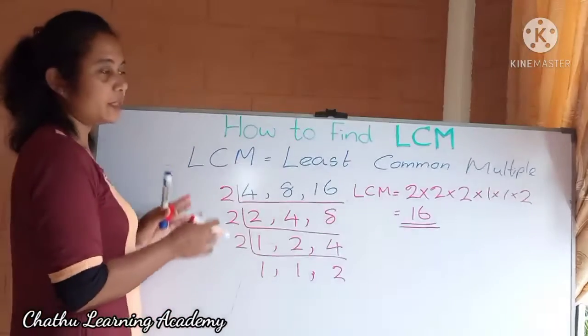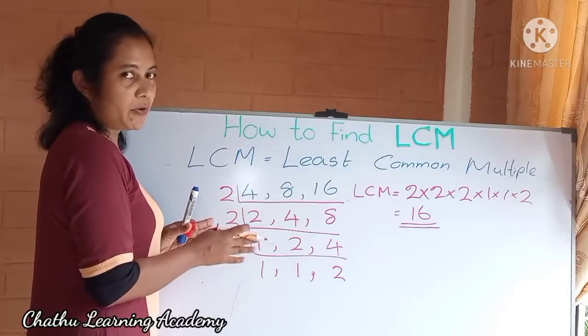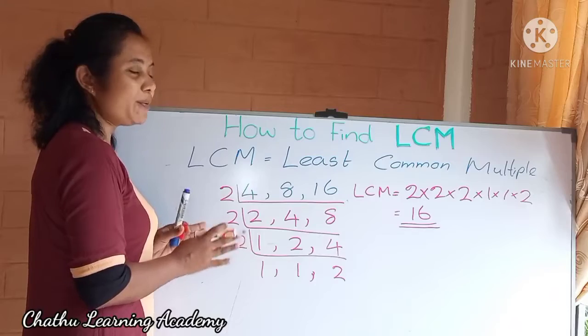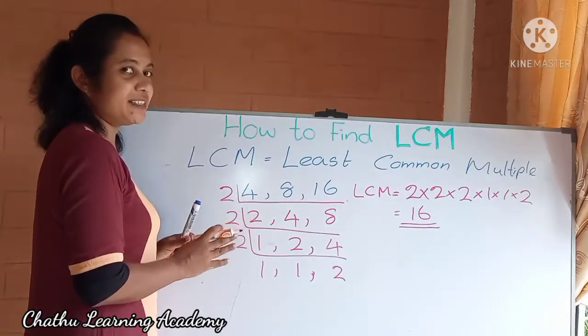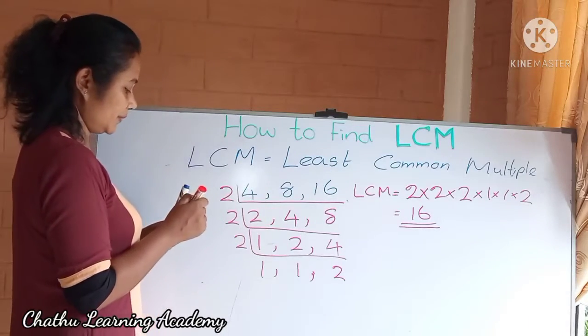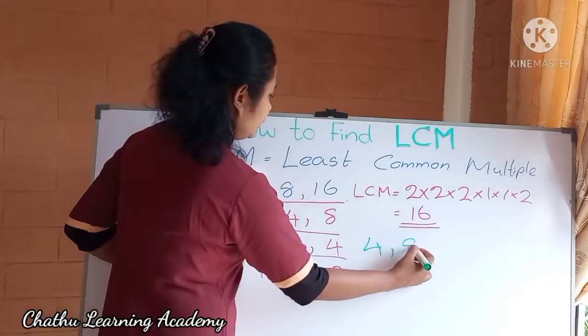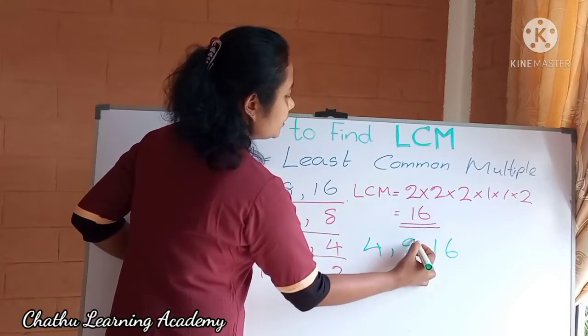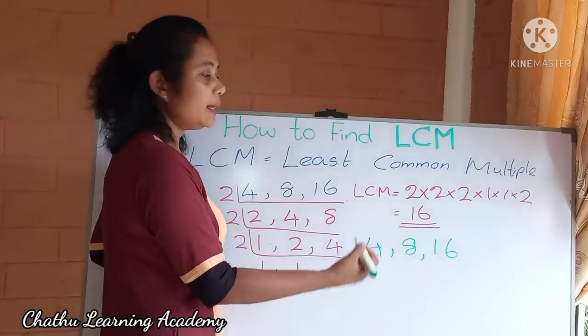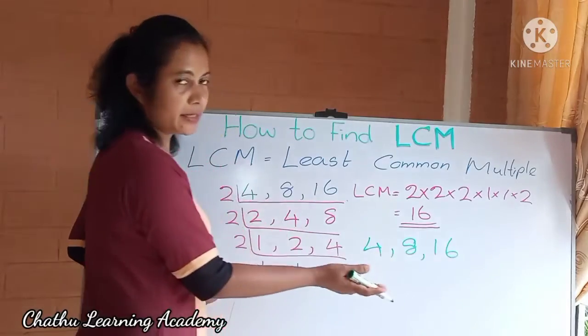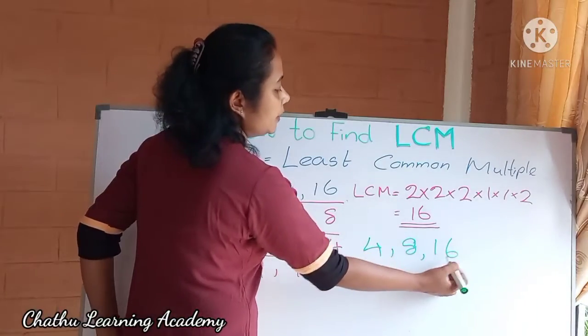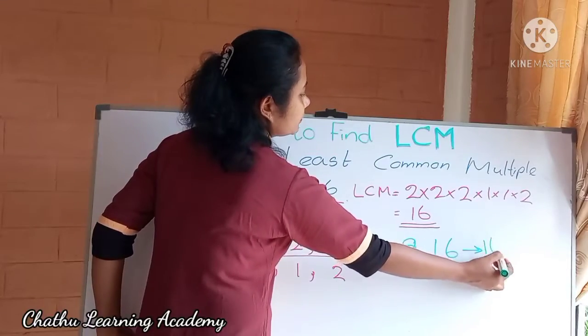Then this method is somewhat time consuming. Now I will explain the easiest method. If you are given this set of numbers, first of all you want to select the largest value of this given set. Here 16 is the largest value.